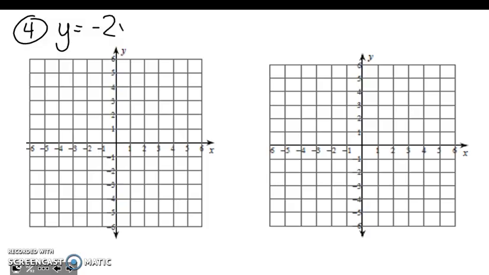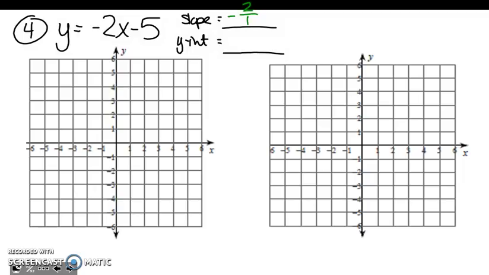Y equals negative 2x minus 5. All right, so again, my slope is a negative 2 over 1. Since it's a whole number, I have to put it over 1. My y-intercept is negative 5, so I'm going to go down to negative 5 on the y-axis.